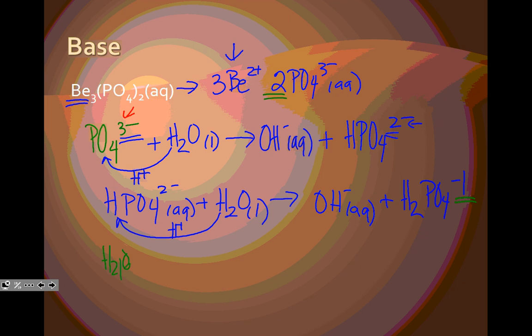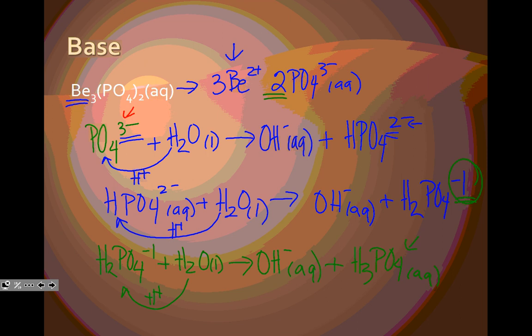Let me rewrite that so it looks pretty. H2PO4 -1 plus H2O liquid is going to react. So now we have my hydroxide ion, because it's a base, correct, plus H3PO4. This time, there's no charge because we started off with a -1, and we added a positive to it, so now it's completely neutral.